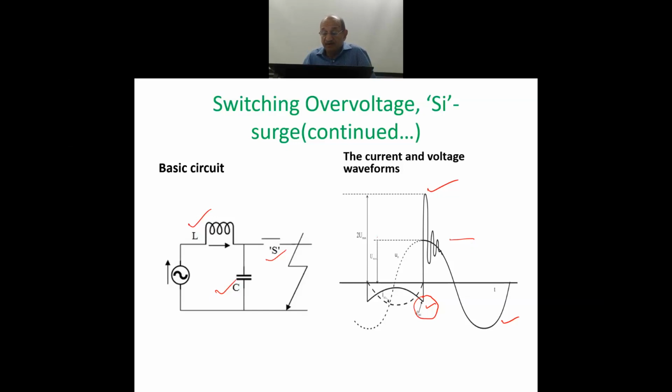So the overvoltage, you can say, this is U naught, that means the voltage with respect to ground of the system, and this is the peak value of the voltage.